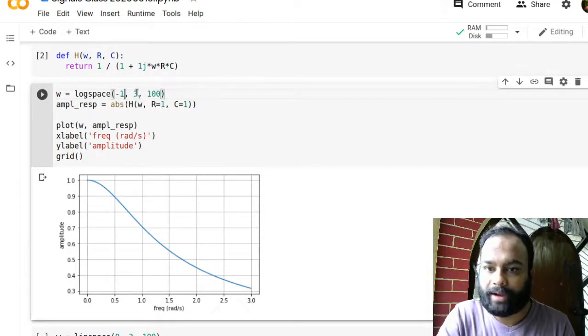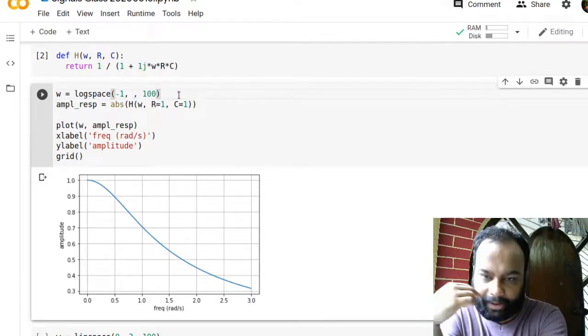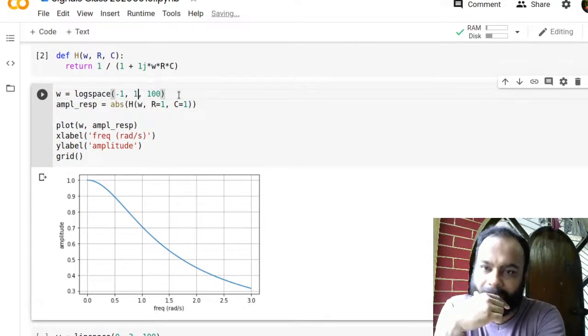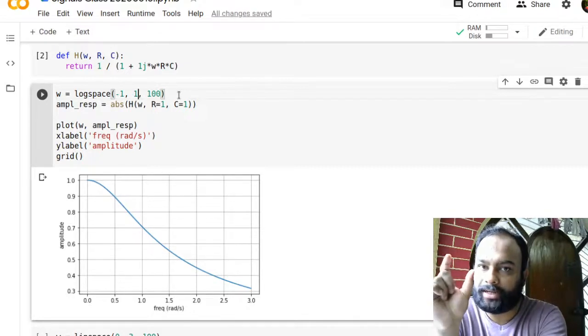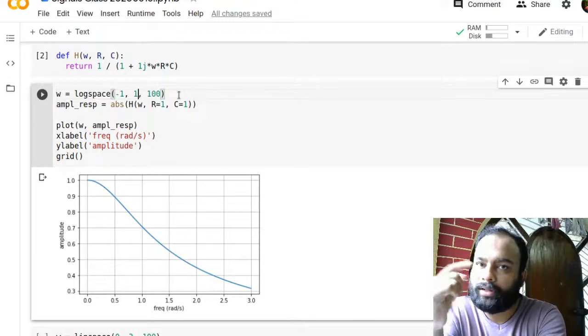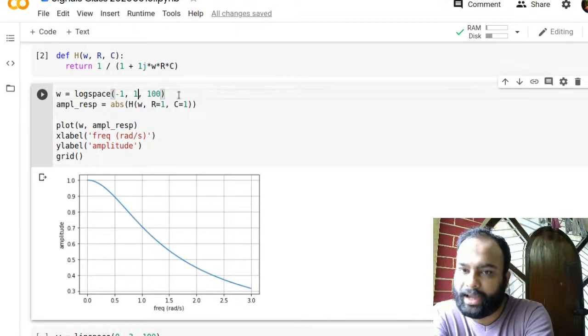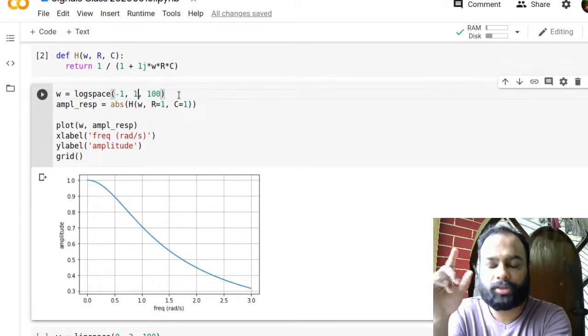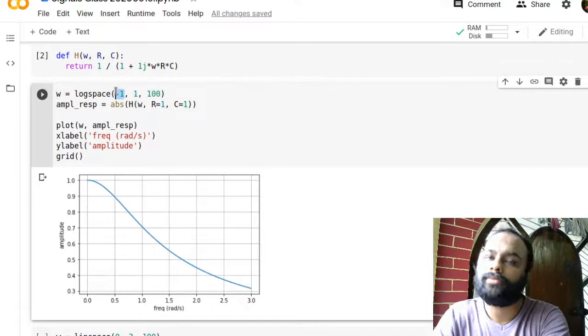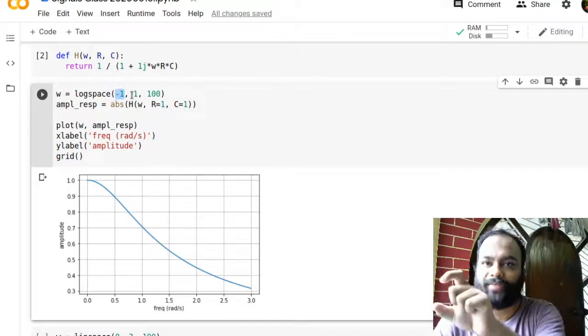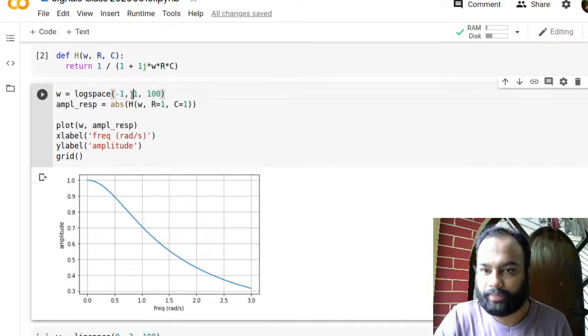And this is going to be, say for example, 1. So I'm checking 2 cycles here: 10 to the power -1, which is 0.1, then 1, then 10, then 100. Of course log 10 is 1, log of 0.1 is -1, and in between you have 0, and that's log 1. And we are taking 100 points.